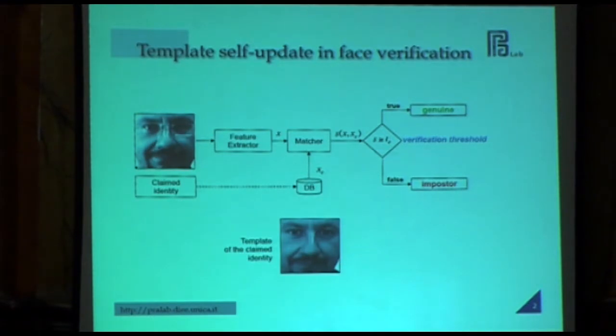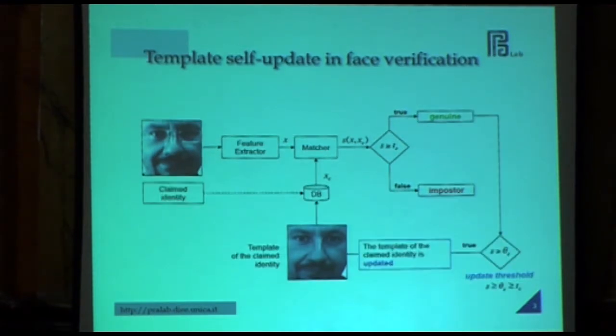Template self-update works quite easily: if the matching score of the input image is not only higher than the verification threshold, but also higher than a more conservative threshold called the update threshold, you can use the input image to update the template you are using for that client.